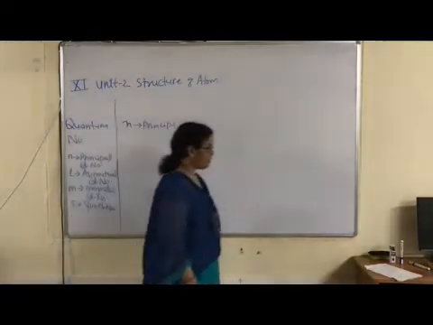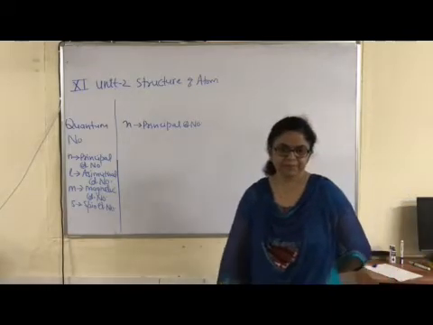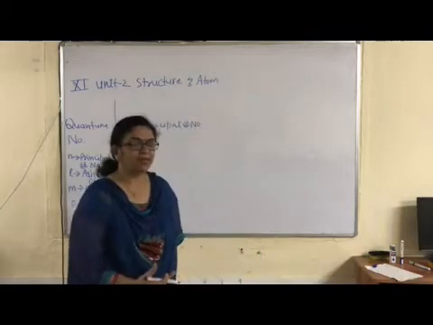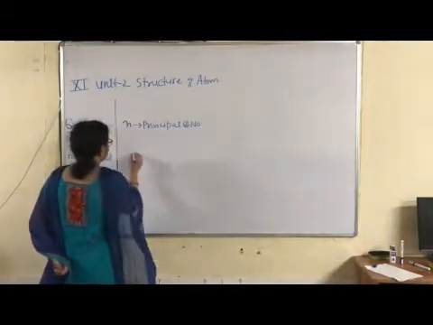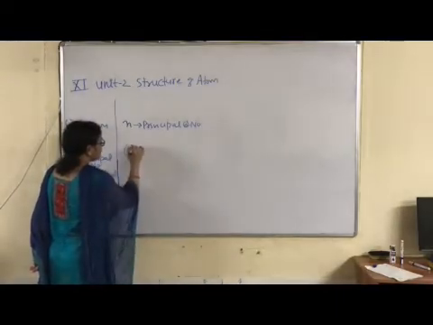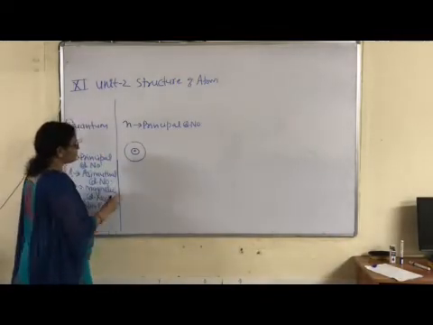The principal quantum number explains the size of the atom and the number of the energy level where the electron is present. For example, this is the central part of the atom, which is positively charged, and the circular path is known as an orbit.